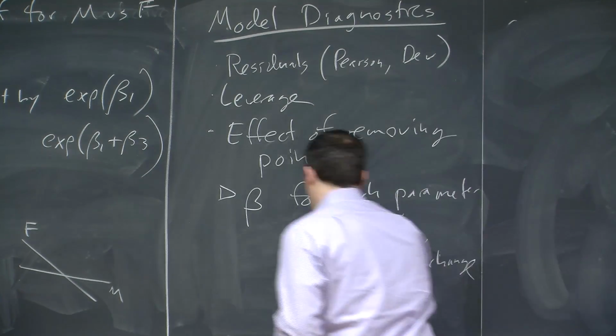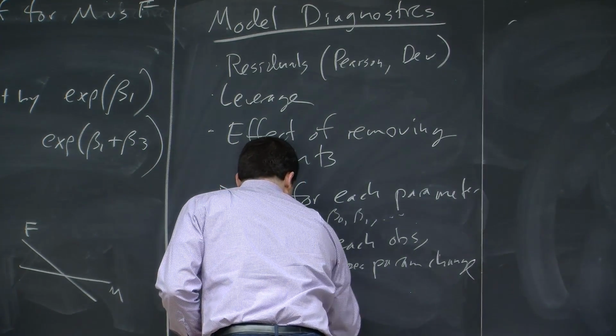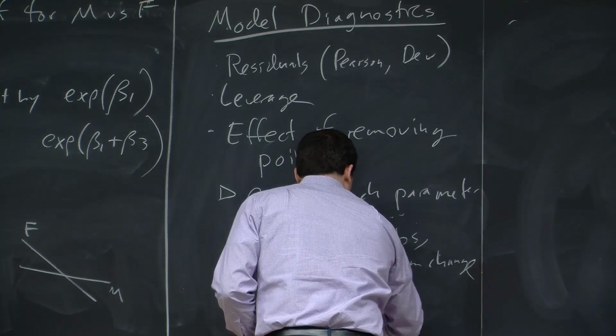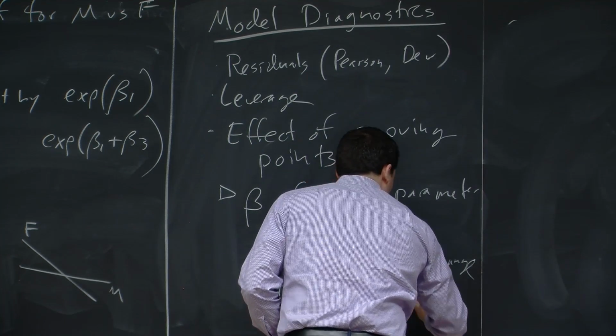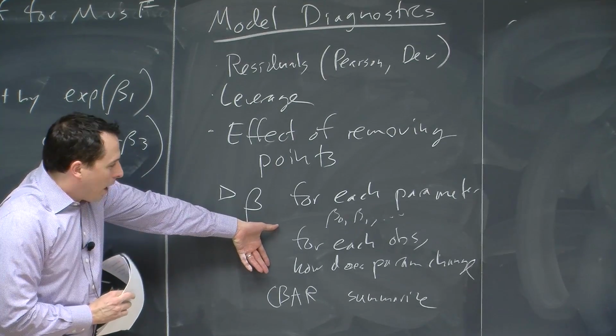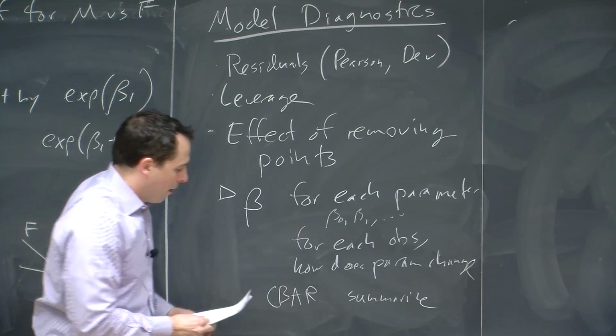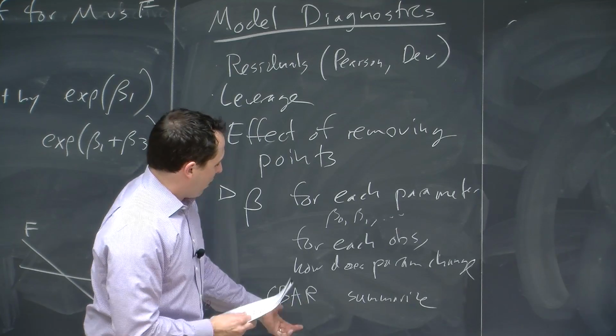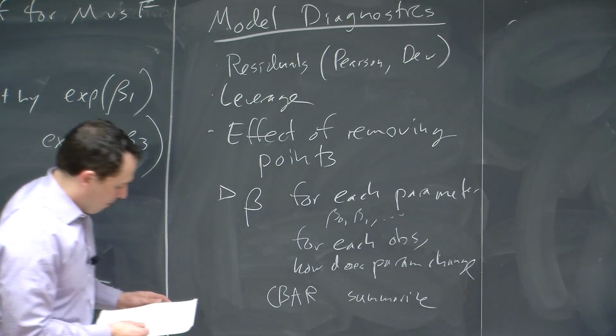There's a thing called, at least in SAS, C-bar, which you can use to summarize these things. If you find this to be too many answers, you can sum that all up over all the parameters to get an effect that's due to each one.